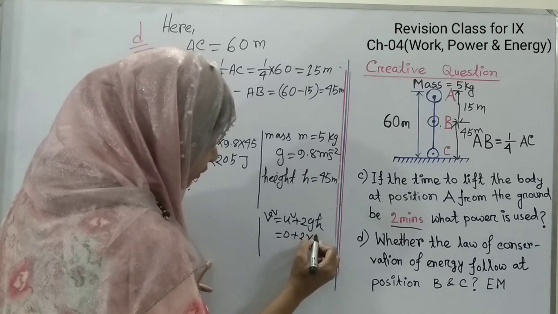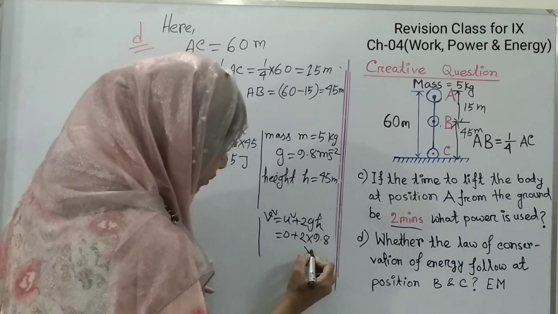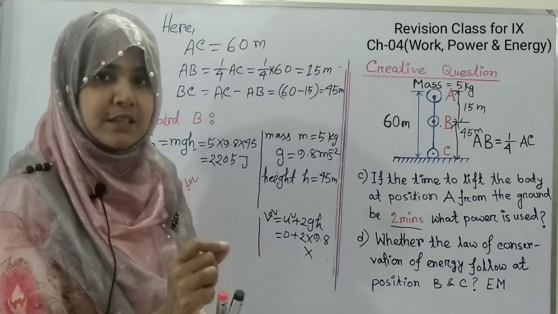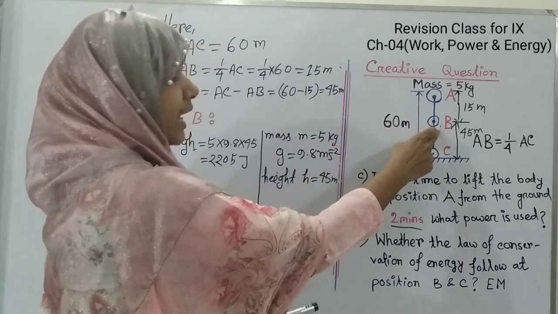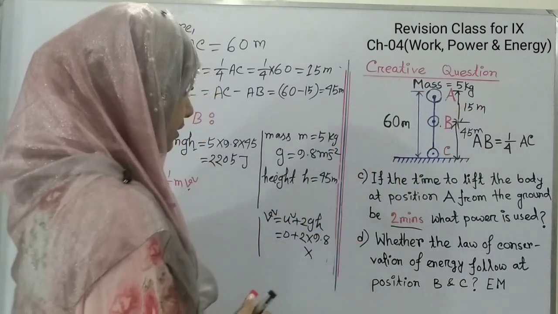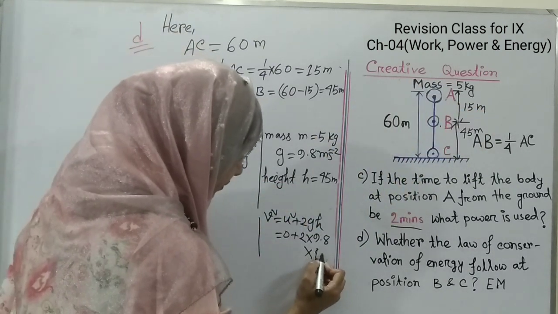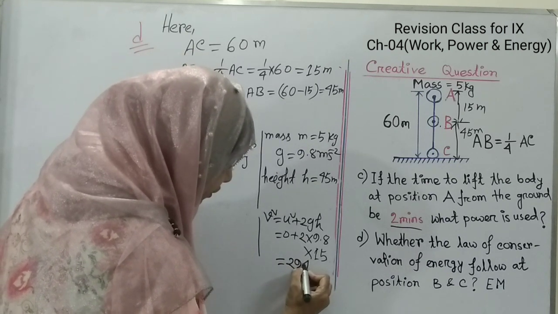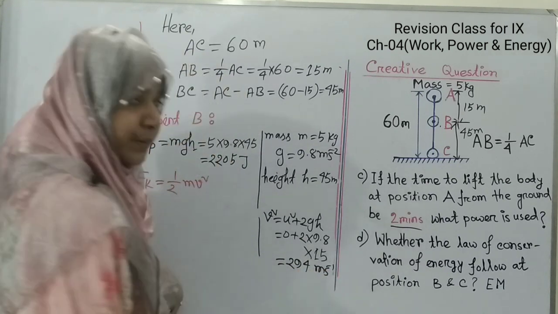So 2 into 9.8 into, now height, as we are calculating the kinetic energy for position B, the height will be 15 meter. So v square equals 294 meter per second.